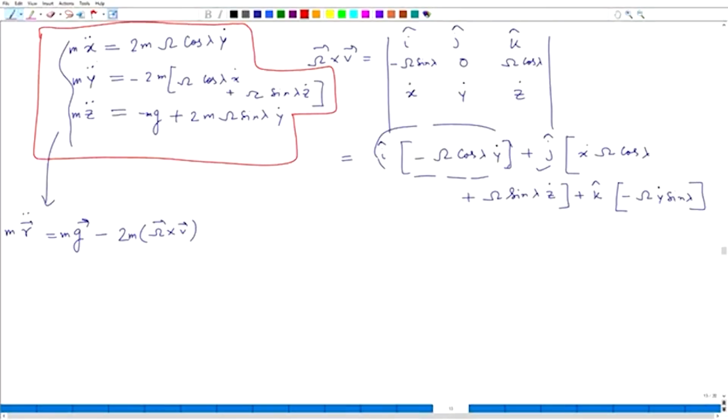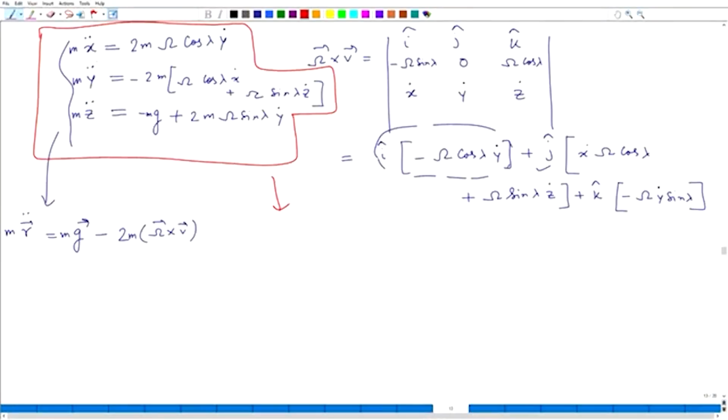One very simple example I can leave to you as an exercise is to solve for x, y and z if the particle is starting from rest and from a distance small h on the earth surface.